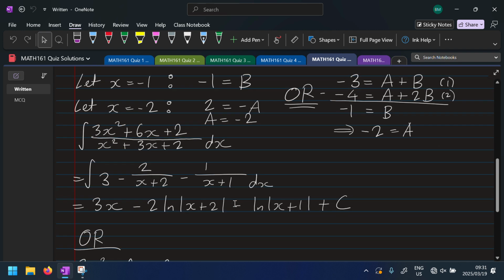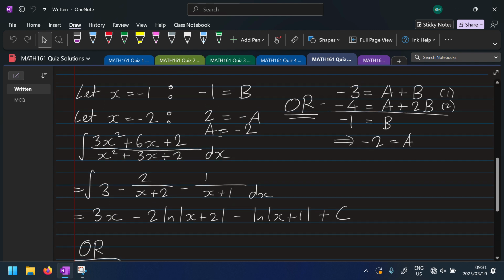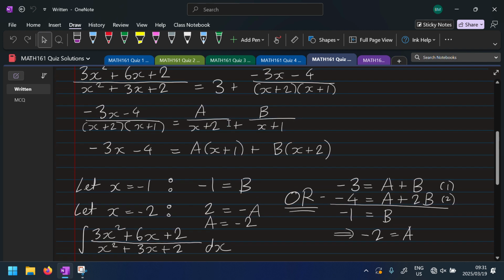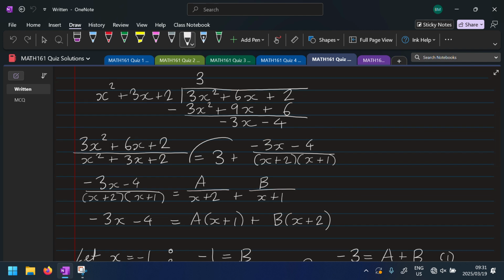A lot of you ignored the 3. You wrote down the solution for the log and you forgot that there was the 3 being added. This bit you left out. You got your A and your B, you wrote down the log and you forgot all about this 3 that you had in the front there. You forgot that, I know.